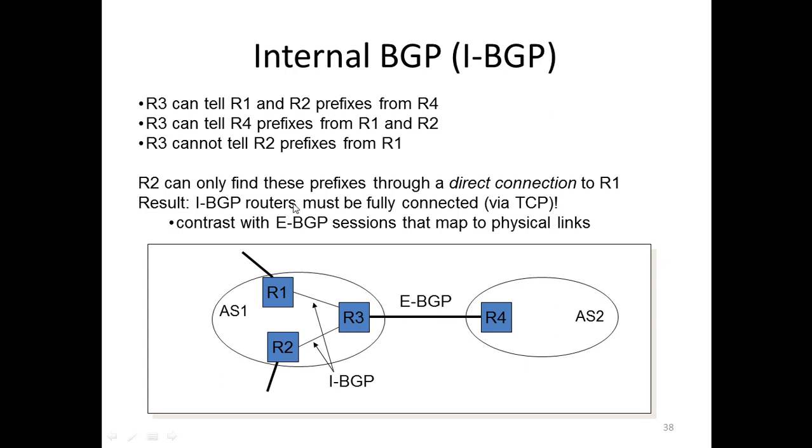You can see that R3 can tell R1 and R2 about the prefixes from R4, but R1 and R2 cannot tell R3 about R4. R3 can also provide information about R1 and R2 to R4, and it can do the reverse path as well.